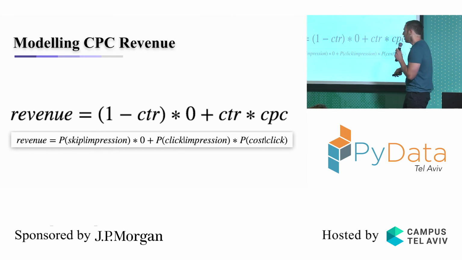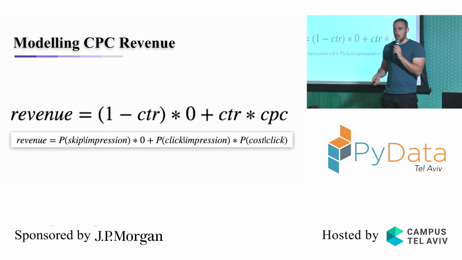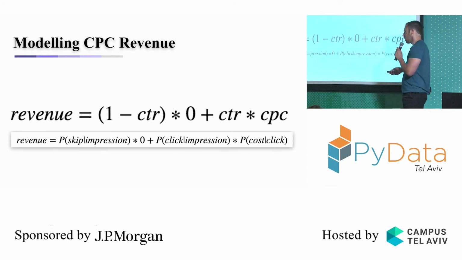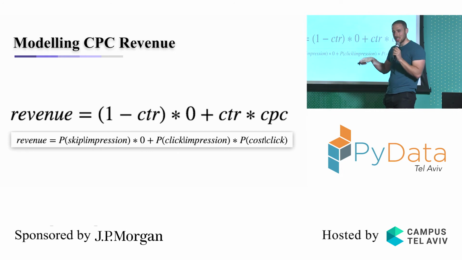So the revenue that we look at, we get paid only if there was a click. So we have the CTR, the chance of getting a click, and the CPC, meaning the cost that the advertiser is willing to pay after he won the auction. So when you go to see a website, there's an auction behind the scenes, and every advertiser bids some amount of money.